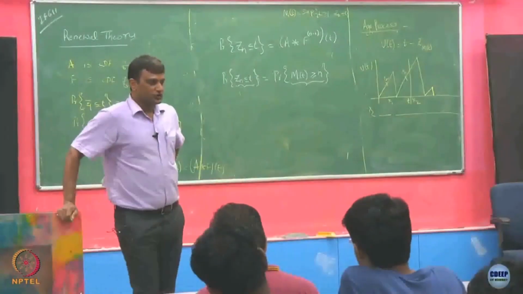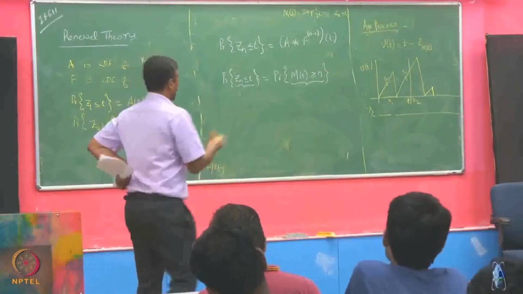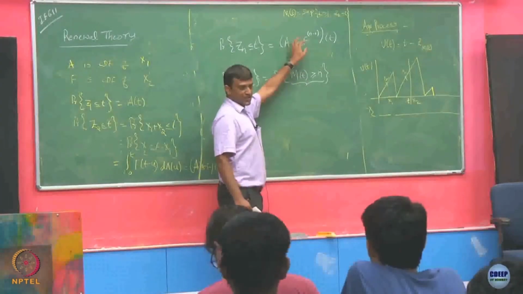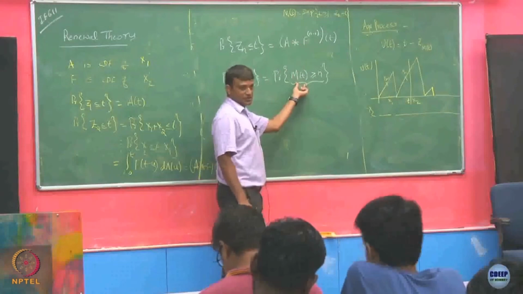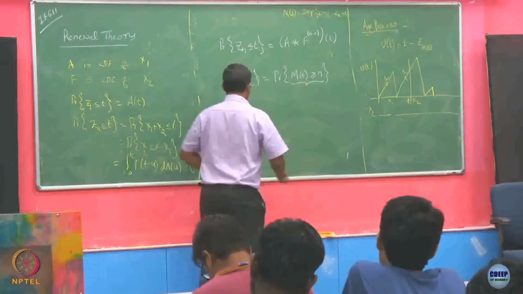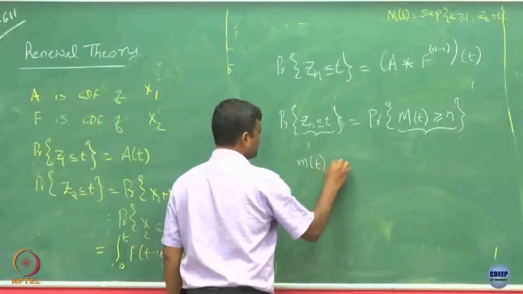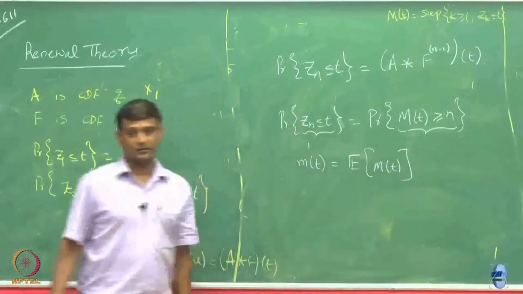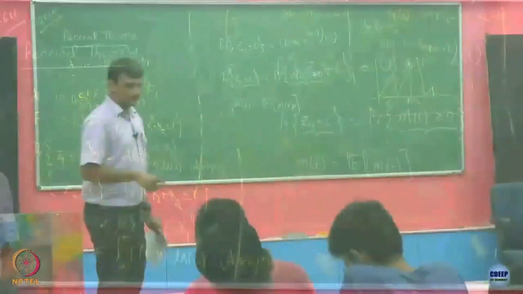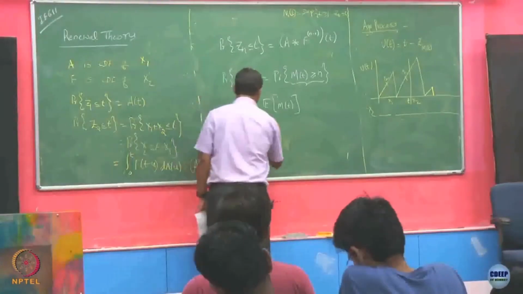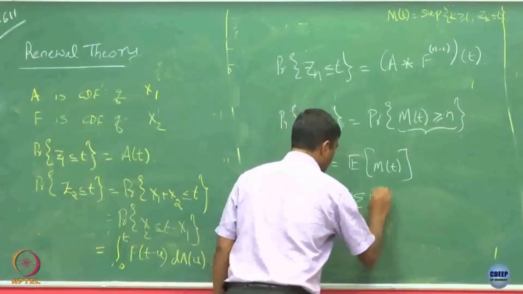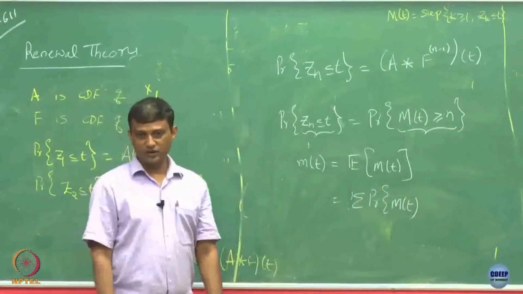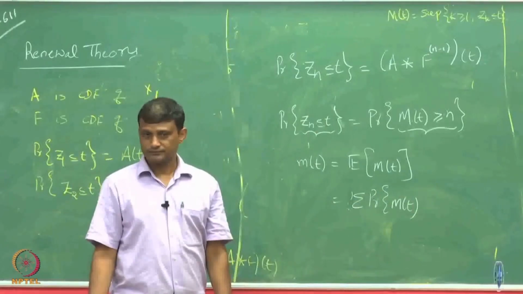Now how am I going to use this information to find, so fine, I have this distribution. So based on this, just using A and F, I will be able to find the distribution of my process M of t. Now how to compute the expected value? We know that this expected value can also be found as the probability that, so I know that M of t is going to take integer values.